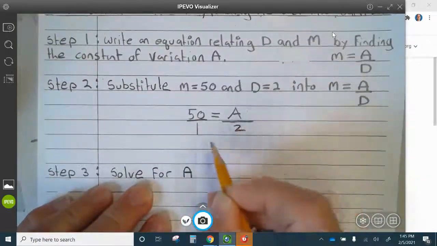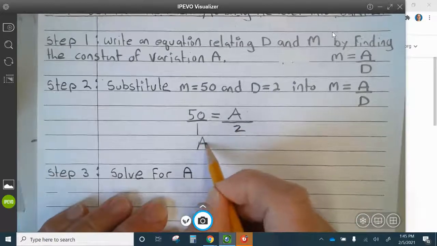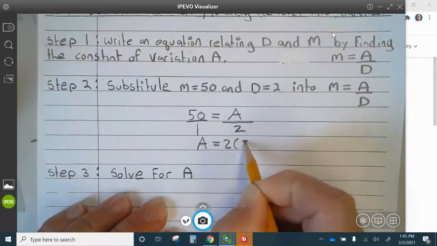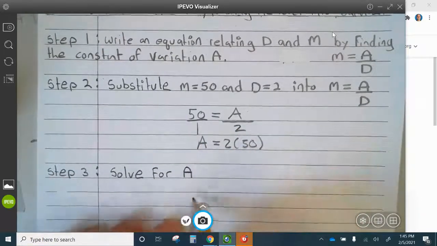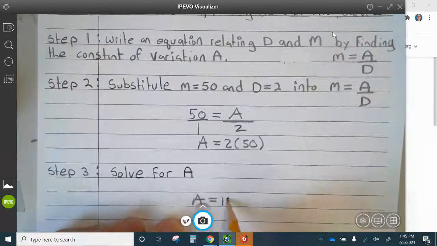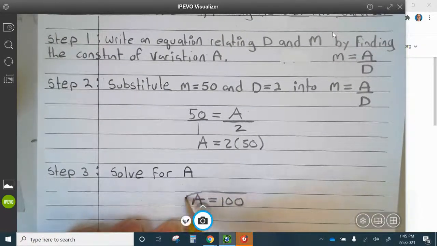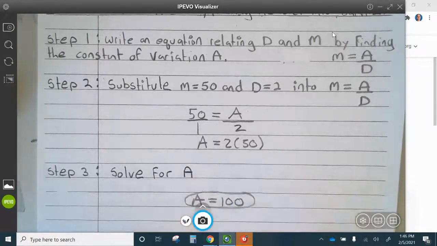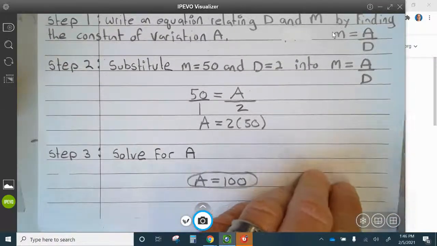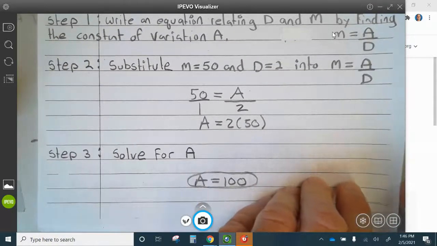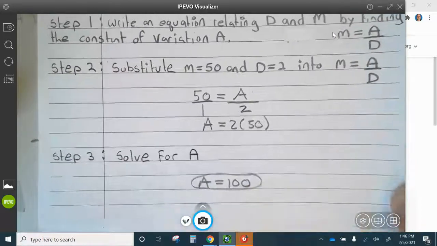Divided by 1, cross multiply. 1 times a is a, and that's 2 times 50. Well, 2 times 50 is easy. That's a equals 100. All right, let's go into the next step.